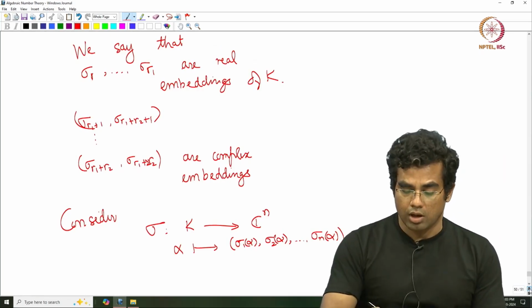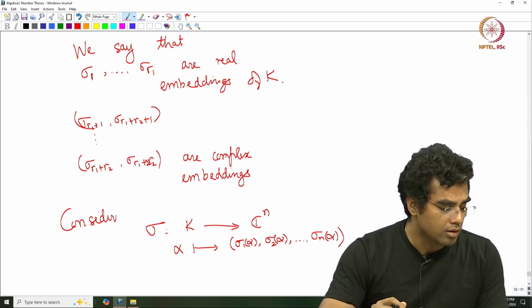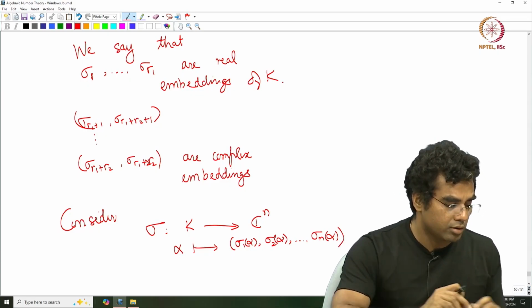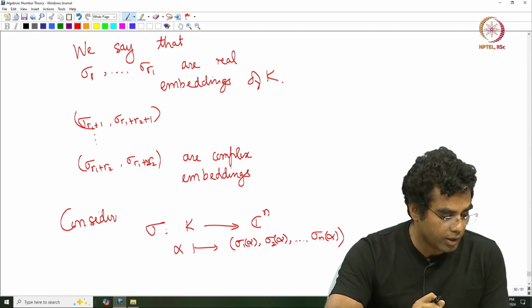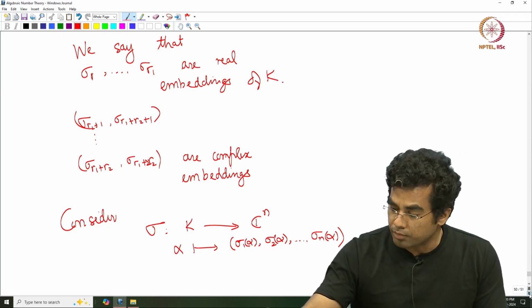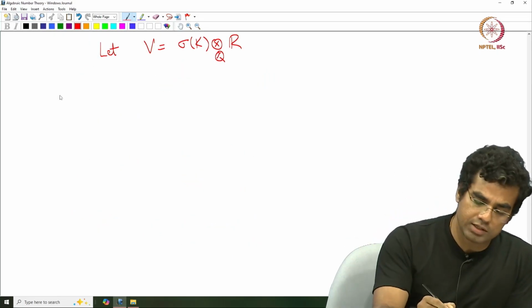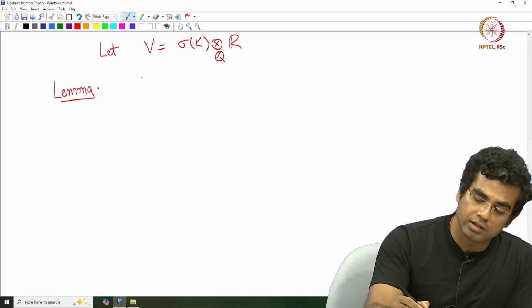So, you see sigma of K is contained in C to the n, but I take its tensor product with R. So, that is my V. Okay. Now, I want to find out what this V looks like first. So, here is a small lemma that tells me what the V looks like.